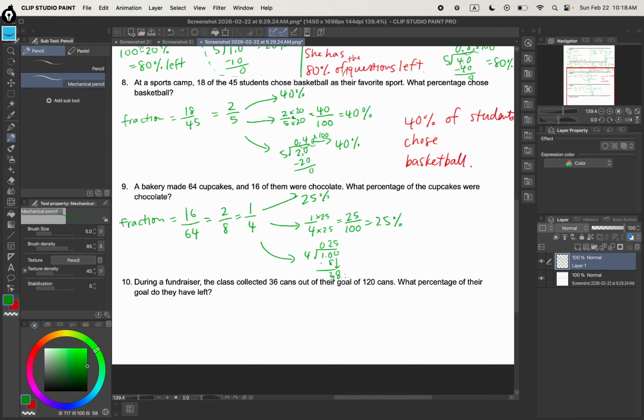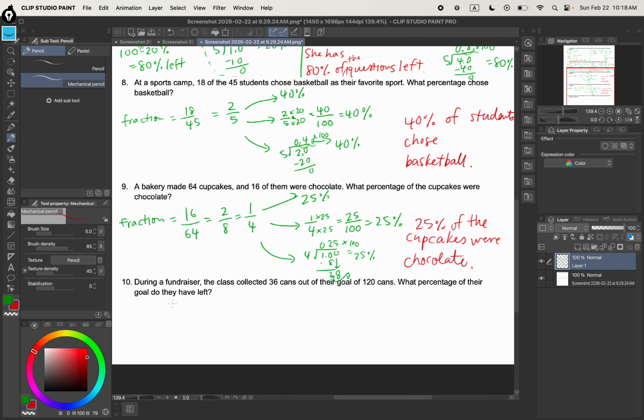And that also lets me know that that's 25%. Okay, times 100 equals 25%. 25% of the cupcakes were chocolate.